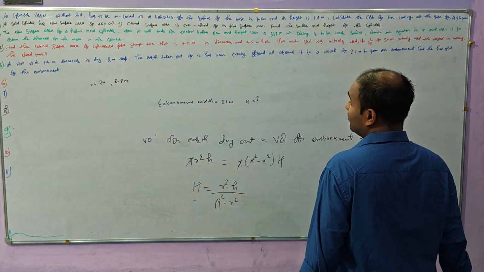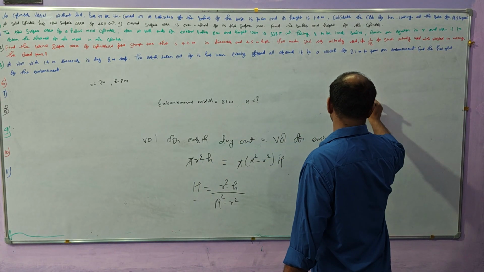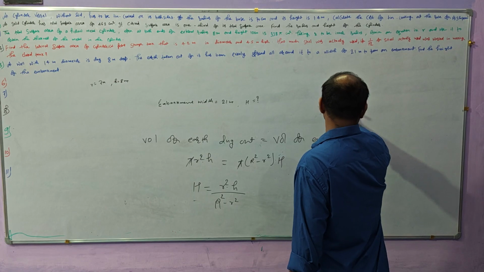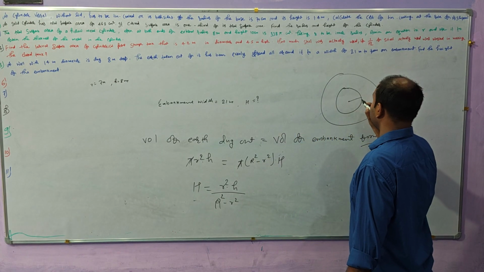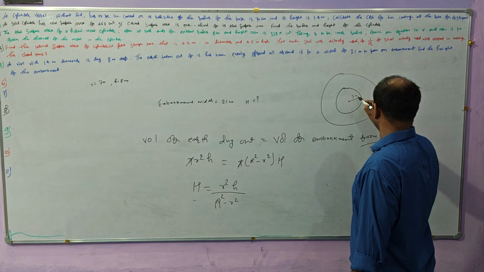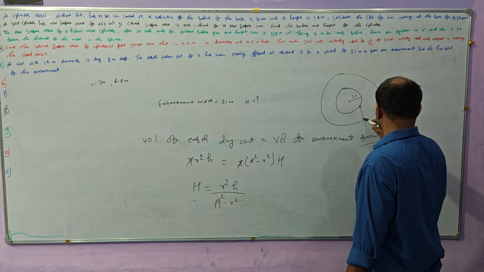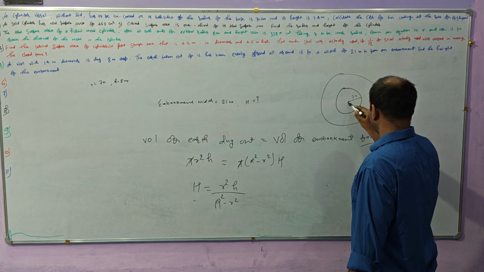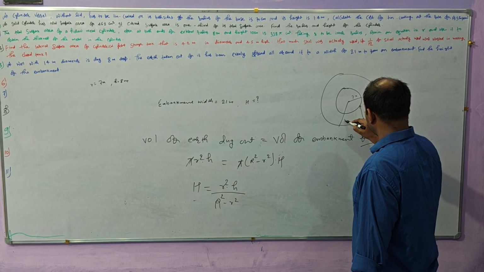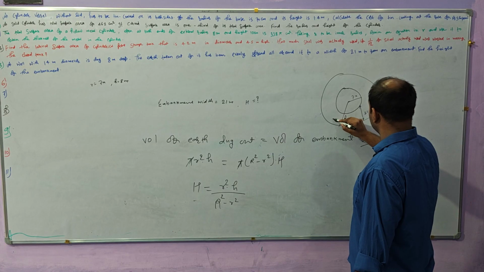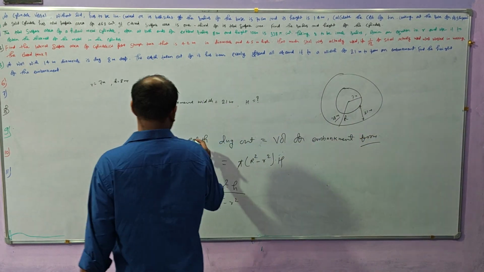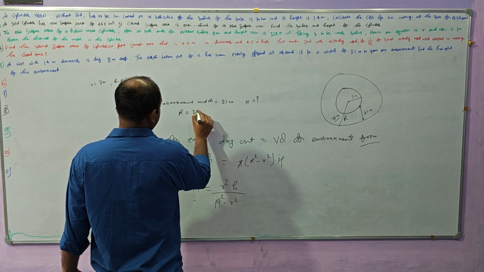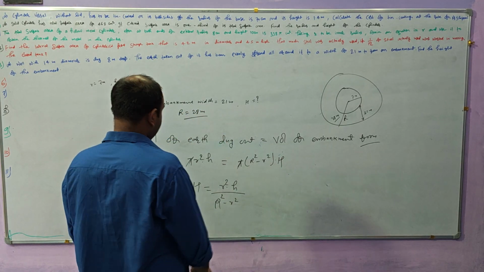So we have a well and there is an embankment around it. We have a radius of 7 meter and there is a width of 21 meter. So the radius R now becomes 28 meter.